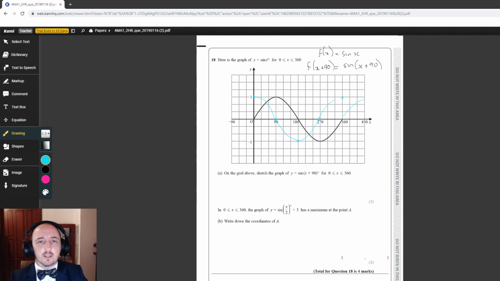Try and make that look similar to the original. We're restricted to 0 and 360, so that's why I've made sure we only go from 0 to 360. So we don't need this extra bit here. We have to make sure that we have that part of the curve as well to take us all the way to 360.